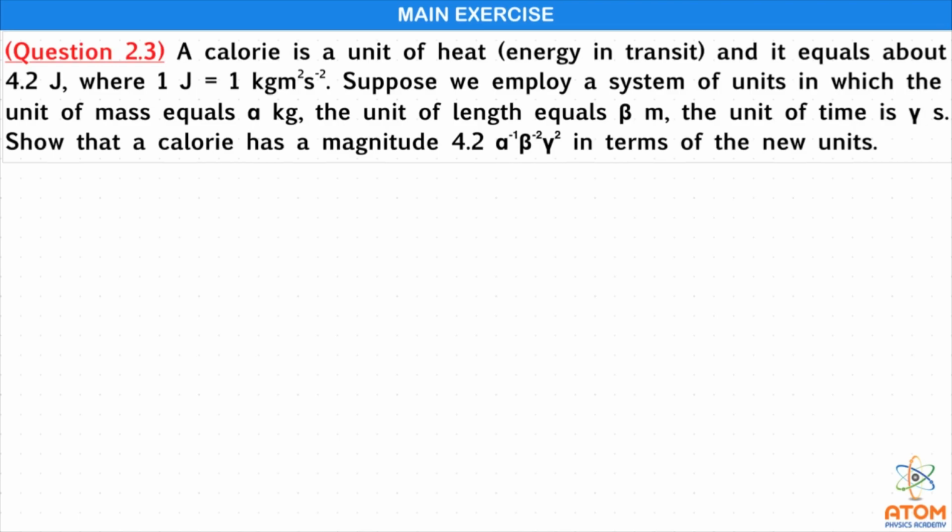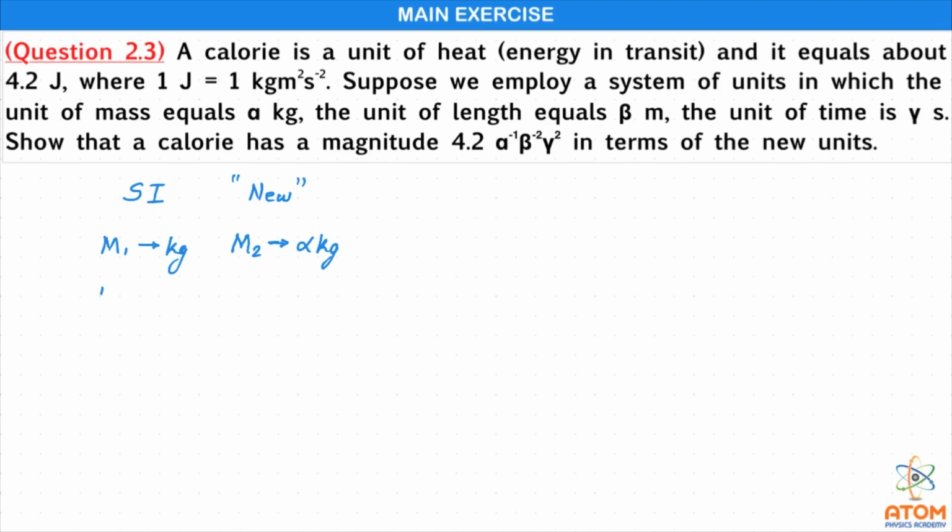The thing is that we are having one SI unit, and in that, for mass, let us take M1, which represents kilogram as unit, and we are having one new unit system. Let us name it like new only, and here the mass is represented by unit alpha kilogram, not kilogram only, but alpha kilogram.